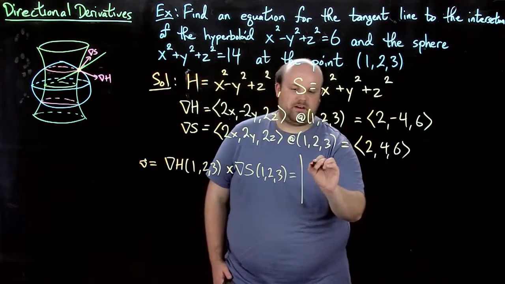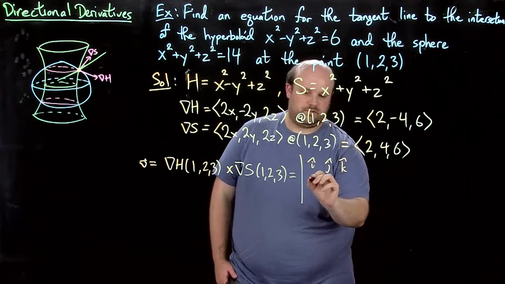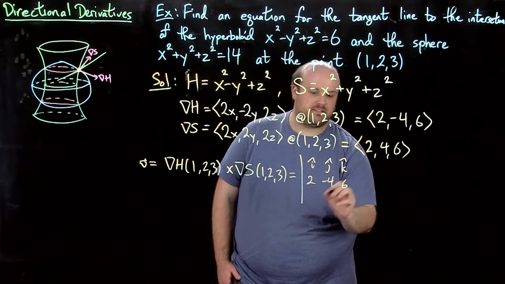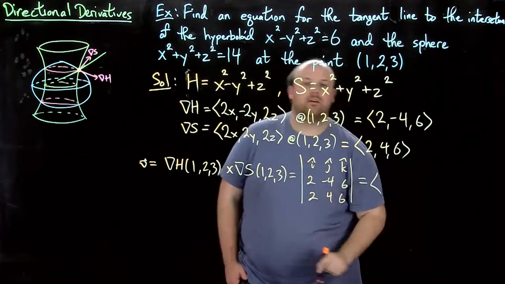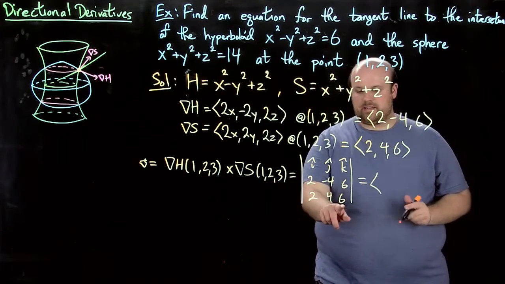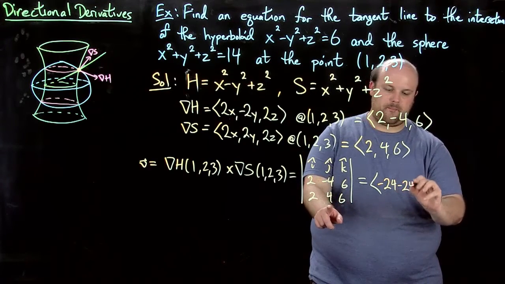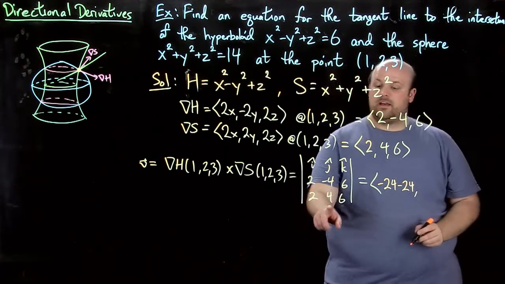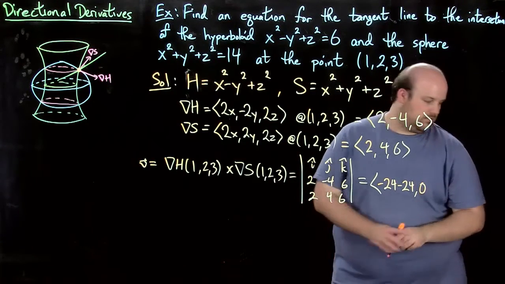Okay, so we have i, j, and k. 2, minus 4, and 6, and then 2, 4, and 6. Right, and then we do this, and we have negative 24 minus 24. Okay, and then 12 minus 12, so 0 here.